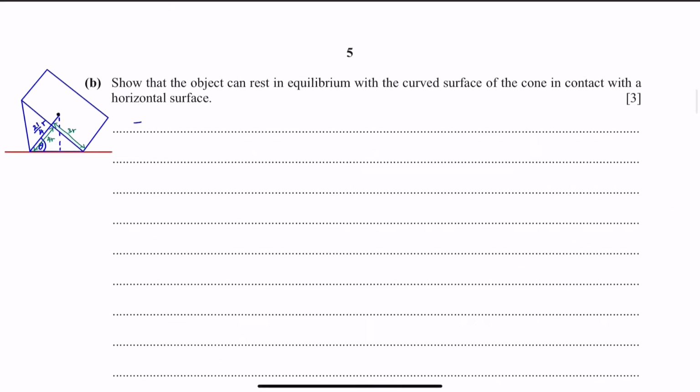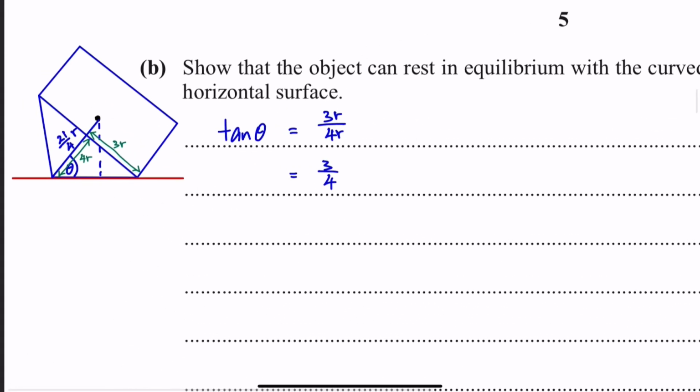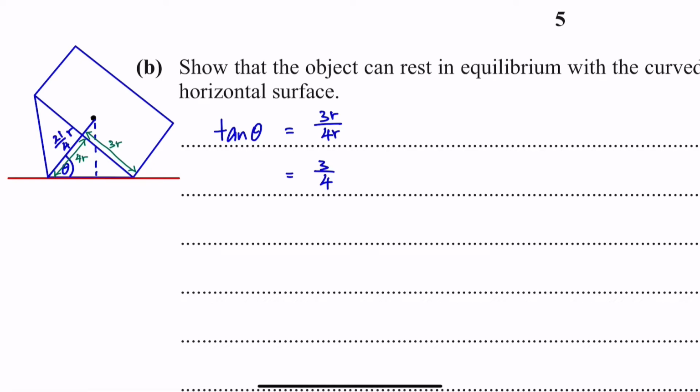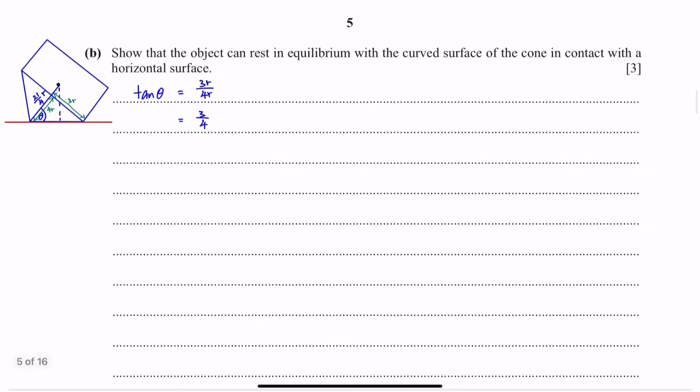It's tangent theta equals 3r over 4r. So tangent theta is just 3 over 4. So now we know the angle in terms of tangent. We can use the fact that tangent equals 3 over 4 to find this distance over here. To do this, we need to use cos theta, right? So tangent theta is 3 over 4. That means we have a right angle triangle.